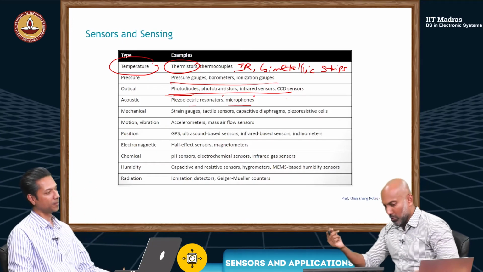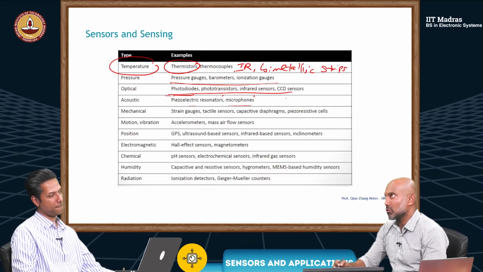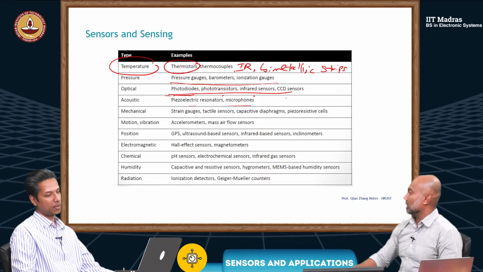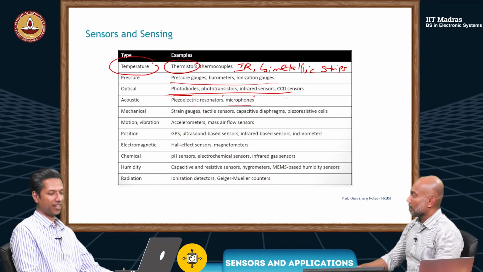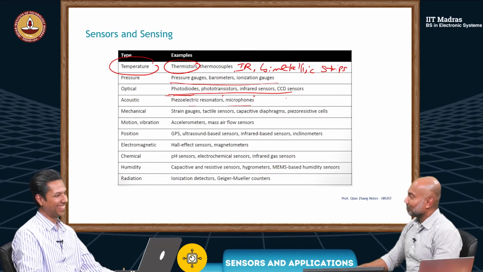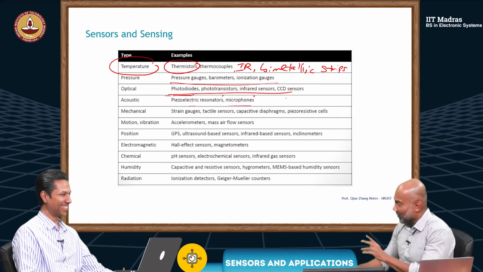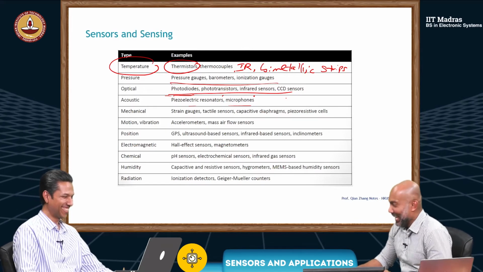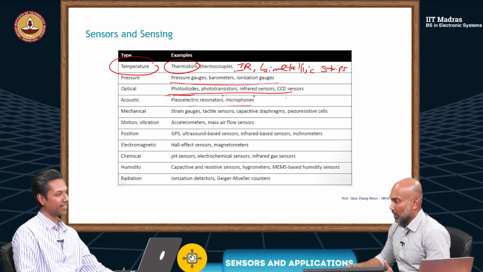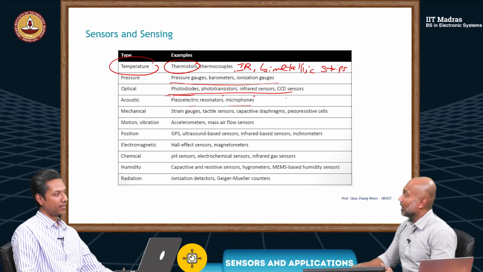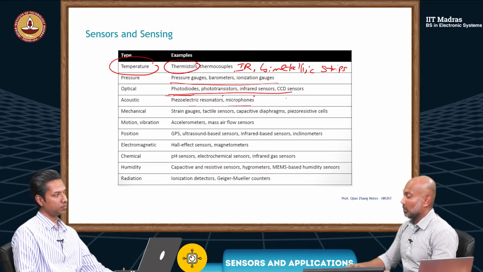Another question I'll ask you: is it important to know all these different kinds of sensors? I think it depends. Generally, it depends which sector or area you're working in, what your expertise is.